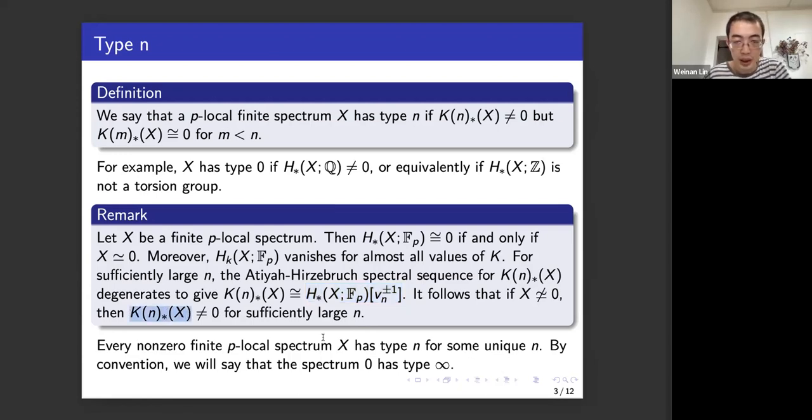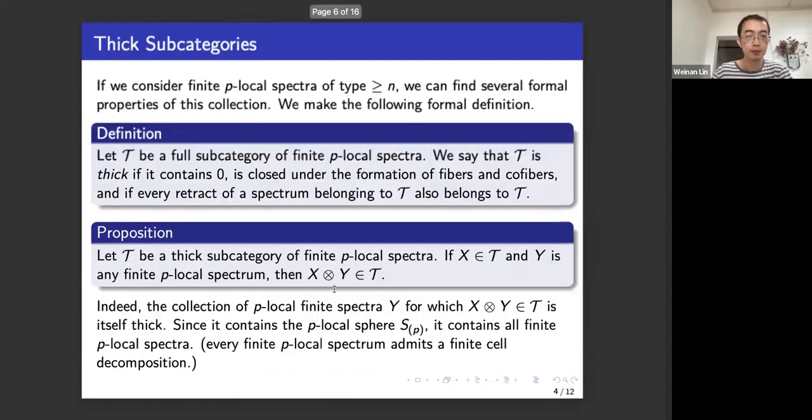Therefore, every non-trivial X has type n for some unique n. That unique n is exactly the minimal n such that this is not 0. And by convention, we say that the 0 spectrum has type infinity. Okay, so that's the definition of a type n p-local finite spectrum.